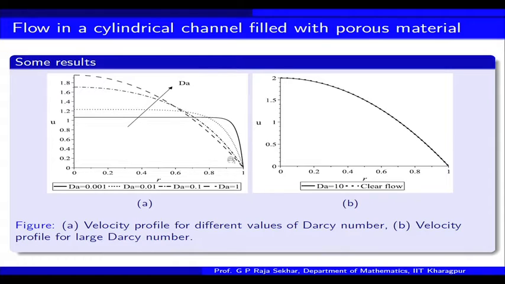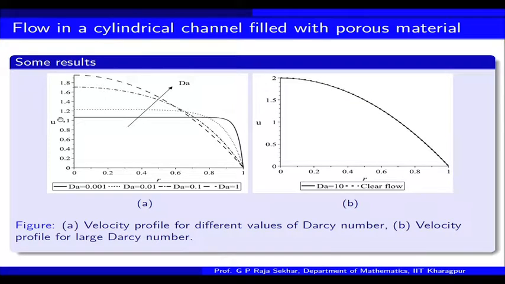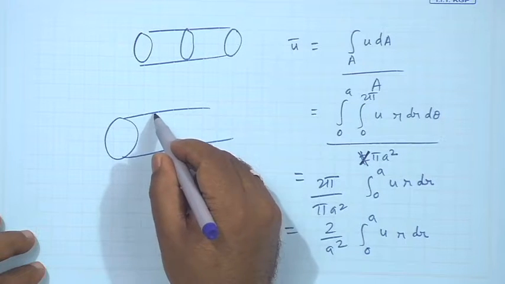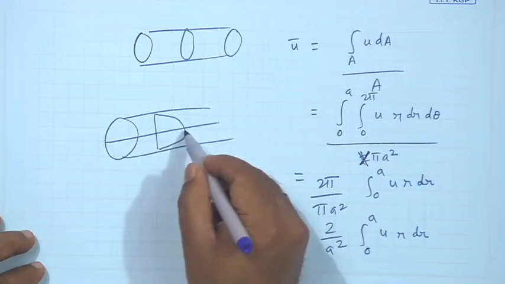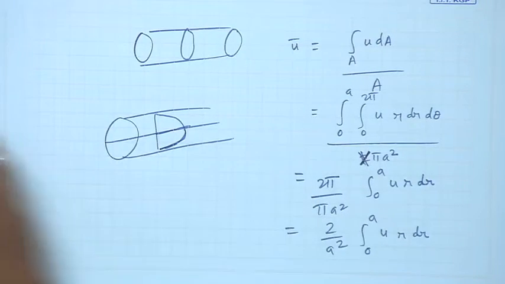The viscous effects are more prevalent near the boundary, and the maximum velocity is at the center of the tube. You might be wondering, we are showing only the portion, right? Only this portion is plotted, so that is what you are seeing in these plots.